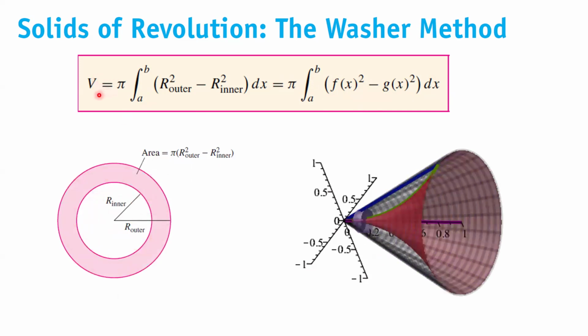The volume is the larger area minus the smaller area, definite integral with respect to x, if you're rotating this along the x-axis. And when you're rotating this along the y-axis, you convert everything into y.